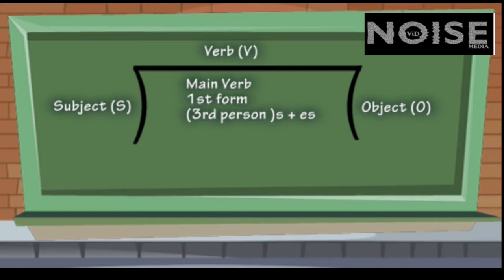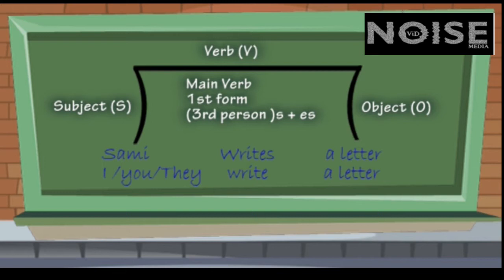This means when you use third person, he, she, somebody's name, Imran, Ali, Sarah, Ahmed, we use S or ES with the main verb. For example, you say, Sami writes a letter. You cannot say Sami write a letter, that is wrong. But you will say, I write a letter, and you write a letter, and they write a letter.